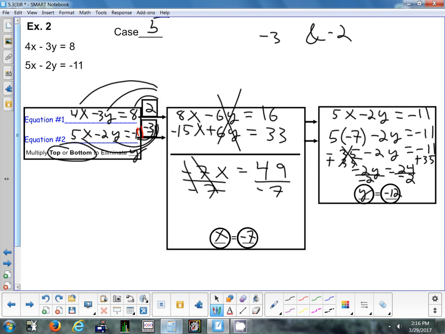So, in terms of what I'm going to grade on the test, there's 4 things I'm going to grade in every problem. The first thing would be that equation and that equation. So I'm looking, did you get something after you multiplied that's opposites? And even when you do this, I'm going to look for it every possible way. If you want to get the y's to be opposite, I'll check that.